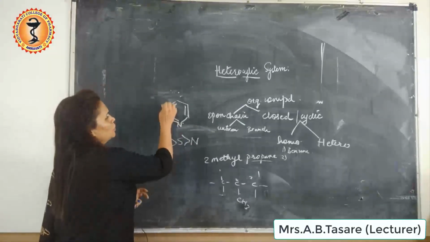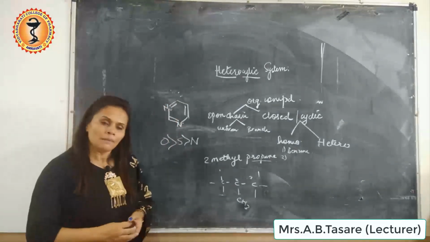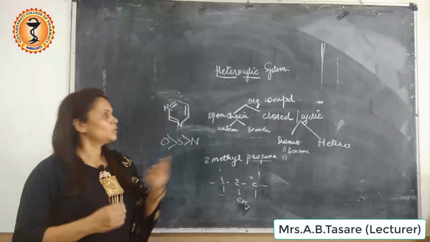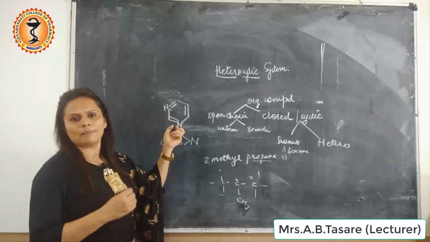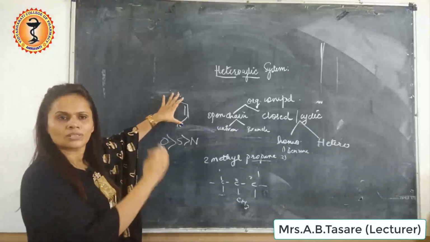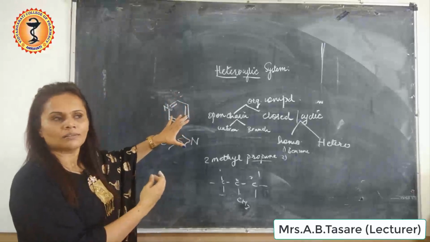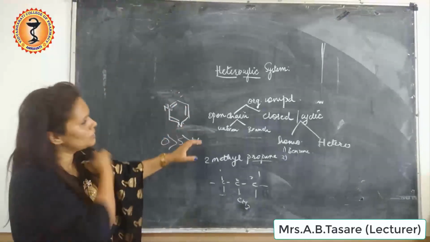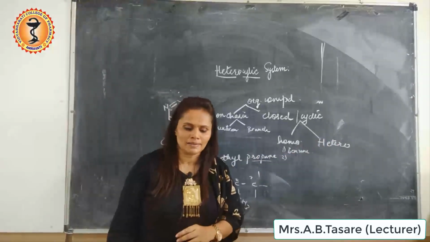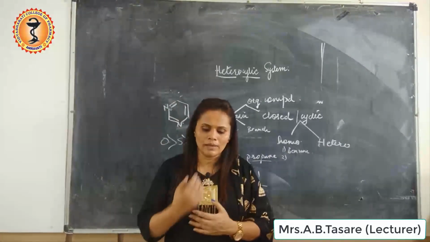If I introduce 2 nitrogens, it turns into pyrimidine. So I am introducing 2 heteroatoms into the normal homocyclic benzene system, and hence the total chemistry of that compound changes, and it is classified under heterocyclic systems. Heterocyclic systems can be either aliphatic or aromatic.